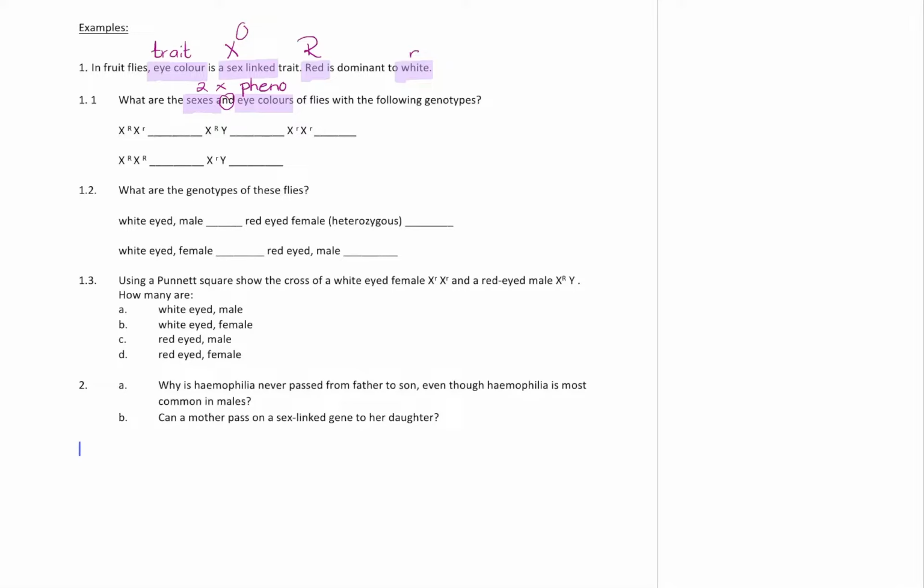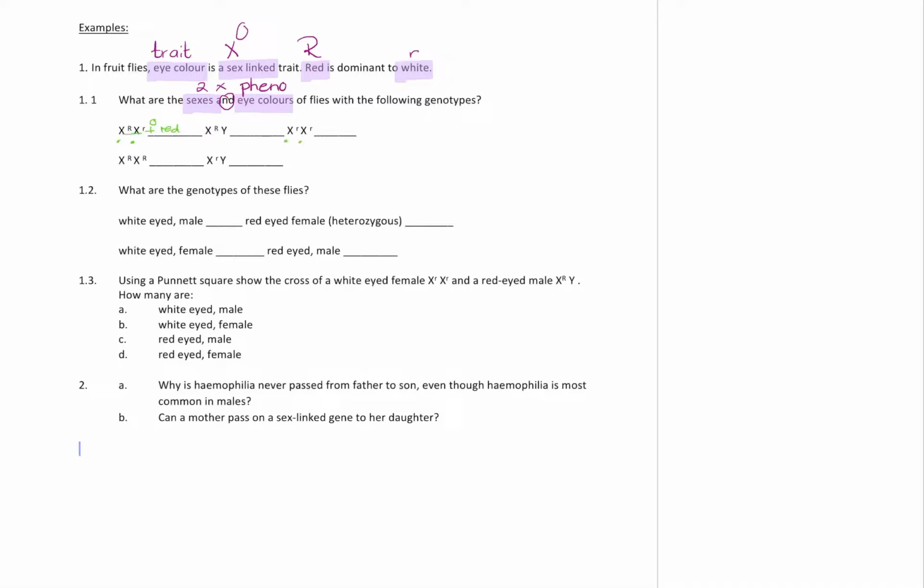So in the first case, we've got female, and this is where she is heterozygous for the condition. The red is dominant, so she'll be a red-eyed female. I want to skip to the other female conditions.